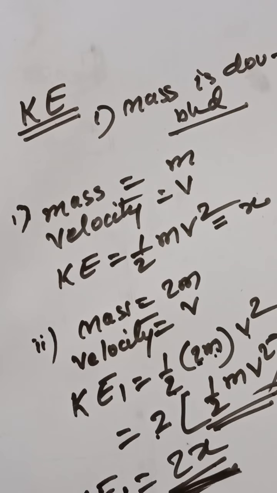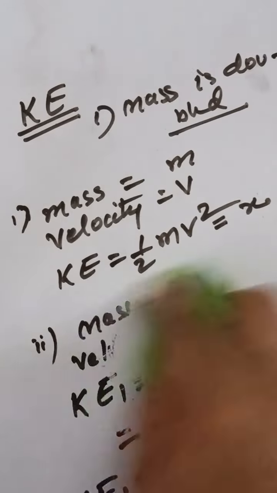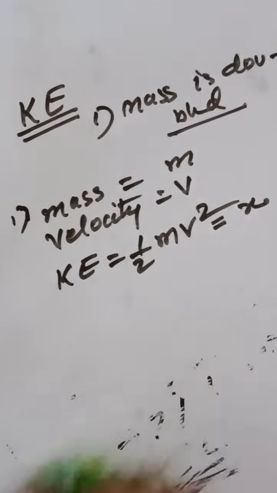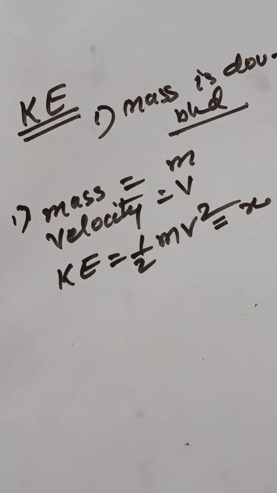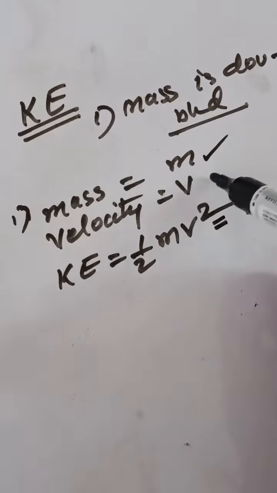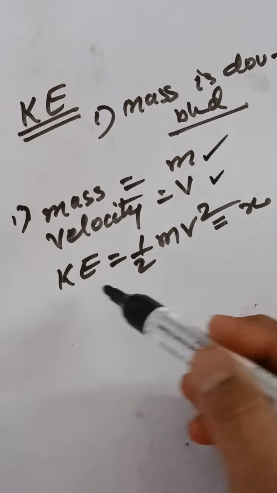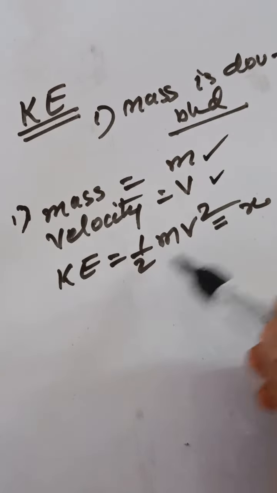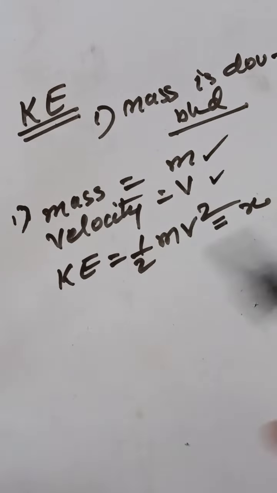Now we will see what happens when velocity is doubled. Here, in the first case, m is the mass, v is the velocity, and KE, that is kinetic energy, is equal to half mv square, and we have taken it as x.